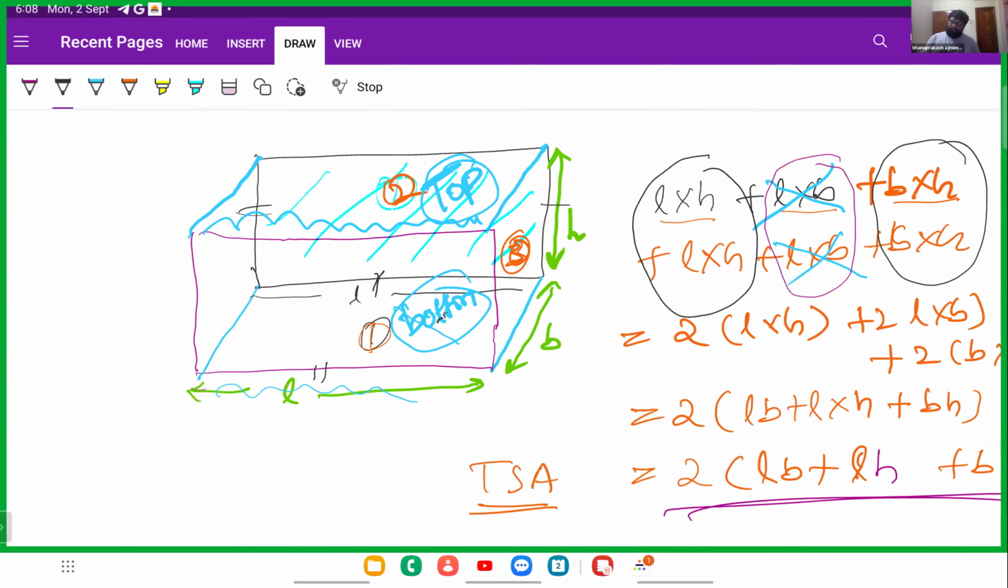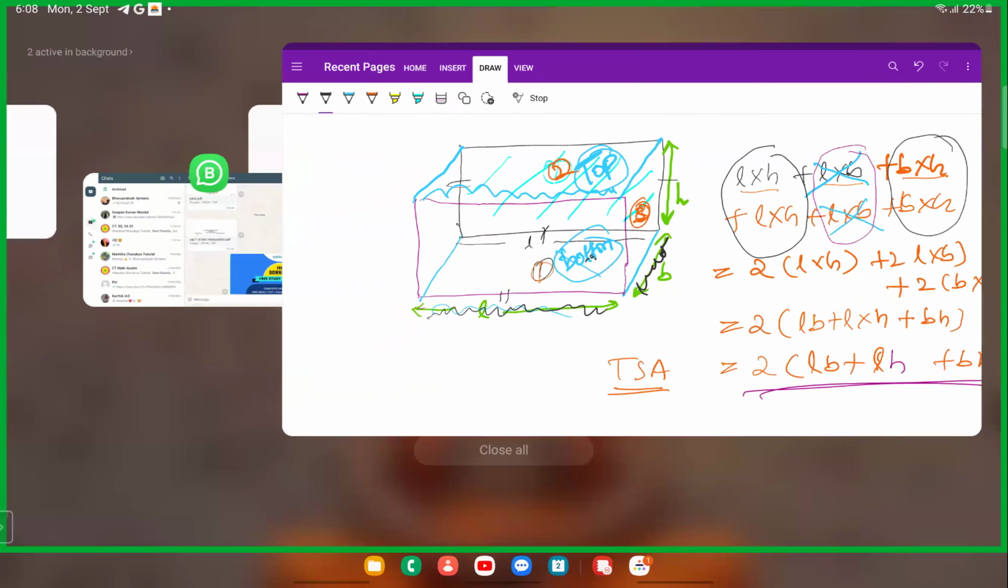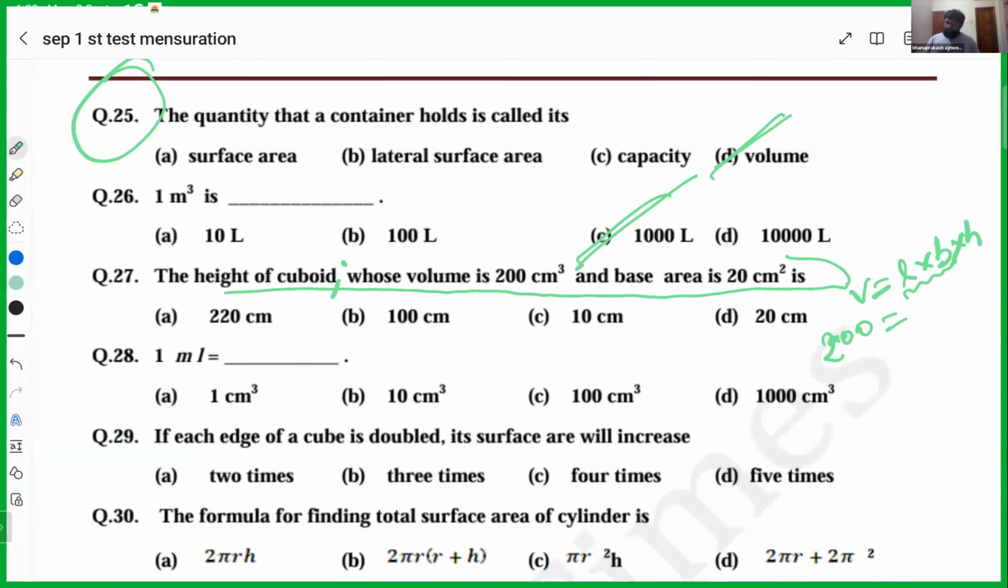So here the base area is 20, that is, length into breadth is 20. Height is not given; we are supposed to find it out. So 200 divided by 20 is 10. So the answer is h equal to 10 centimeter.